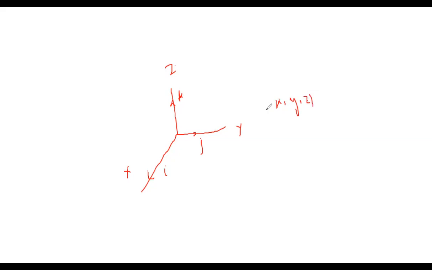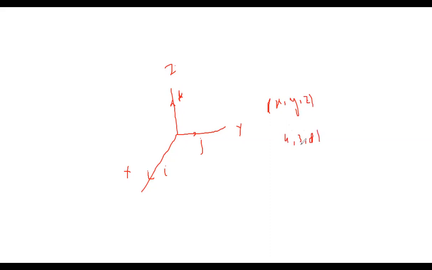As an example, suppose I'm taking 4, 3, and 8. These are the points I'm going to use to draw a vector in 3 dimension to show the location of a body.